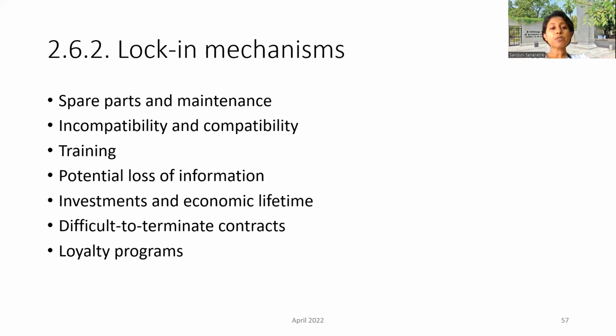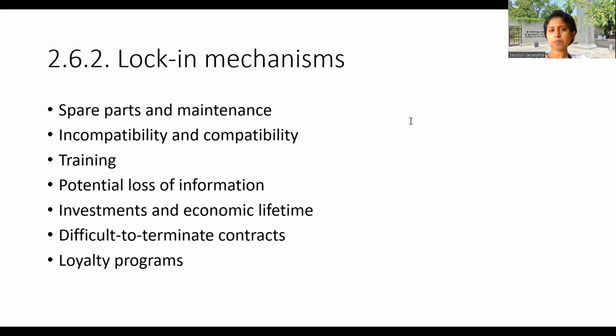Then when it comes to incompatibility and compatibility, what does that mean? Now, I will explain this using the software industry, right? This means that a new version of a particular software should be able to smoothly operate with earlier versions, right? So that means the software is compatible with the older versions.